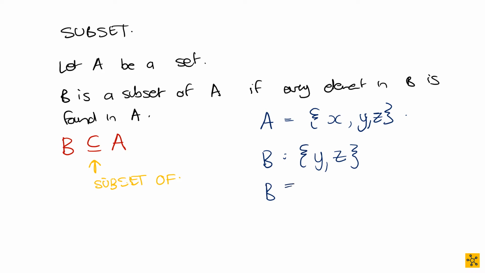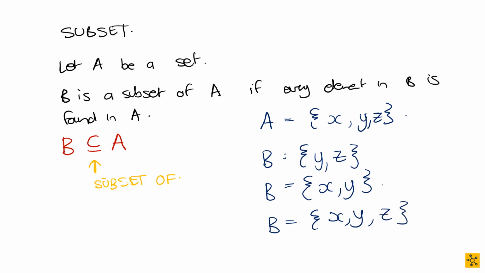B could also be, if you're talking about subsets, X and Y. But B could also be X, Y, and Z. Or it could be X and Z. So those are all your options where B is a subset. So the definition basically says it's a subset if every element in B is found in A.